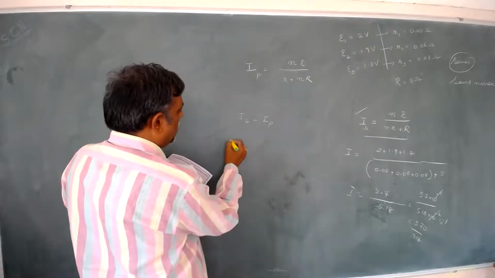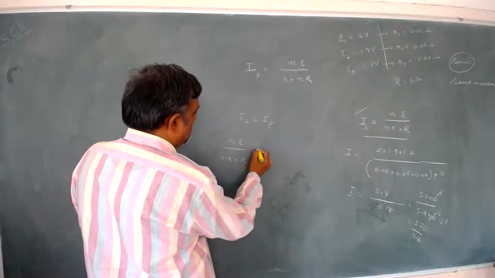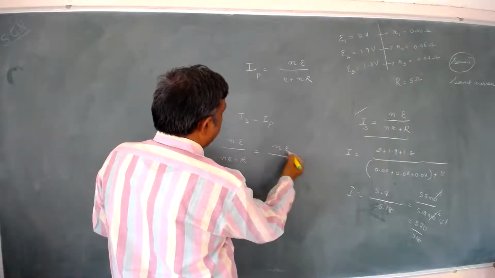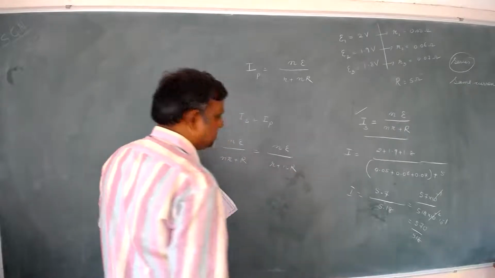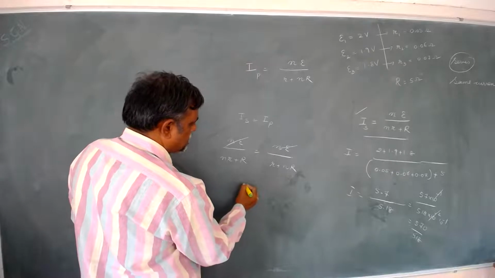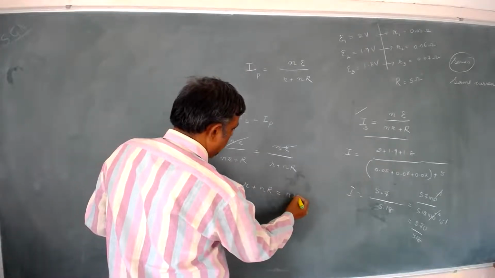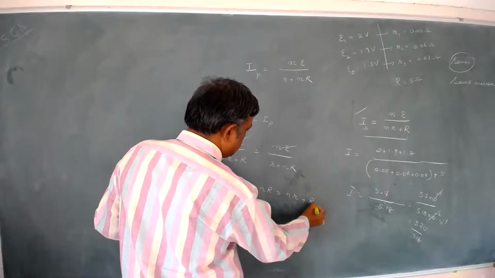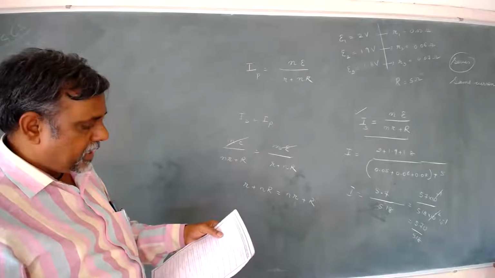So N epsilon by, so these two things will get cancelled out. So r plus N into r plus R. Got it?